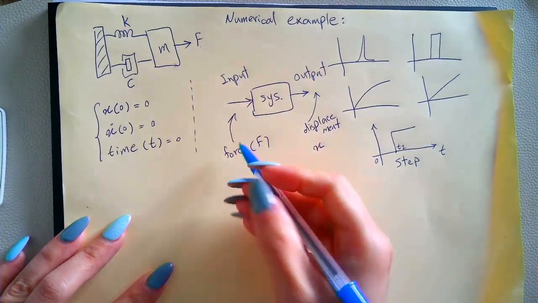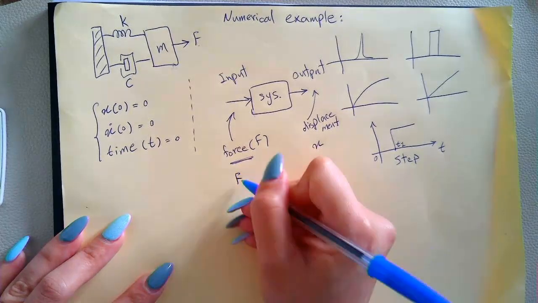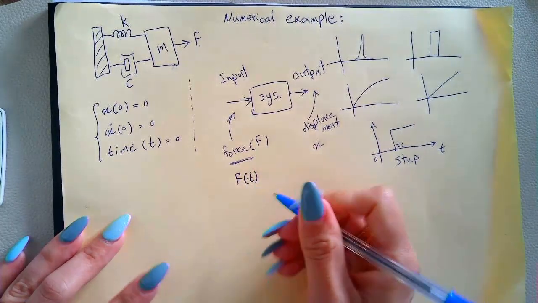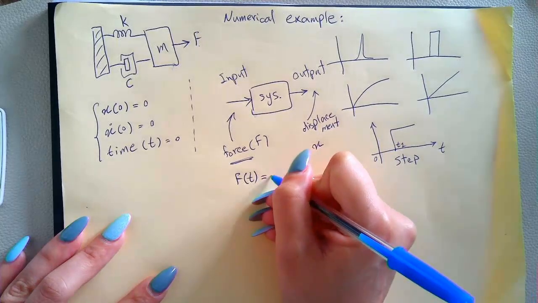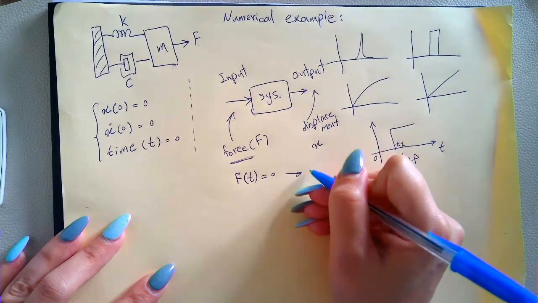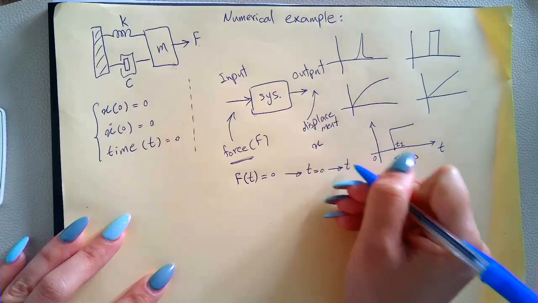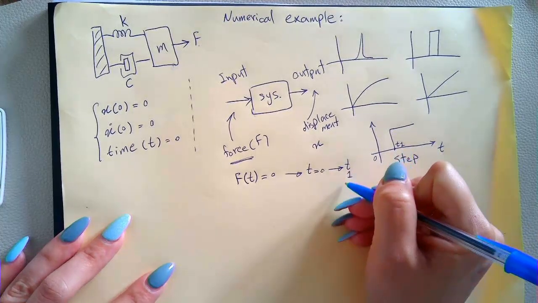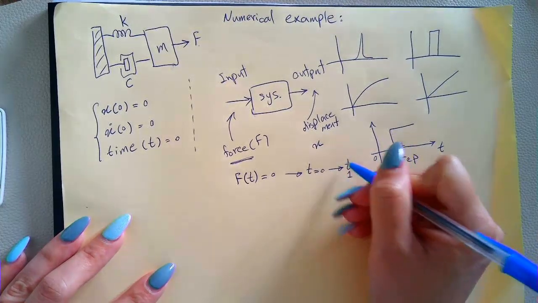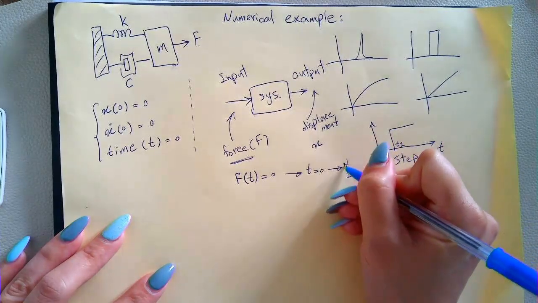So this force, the F of t, is 0 from t equals 0 to t1, or you can say less than t1.